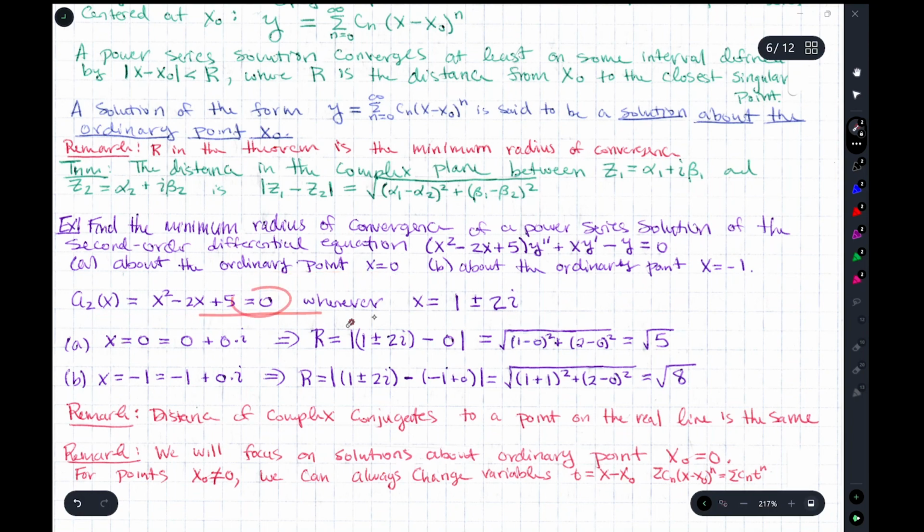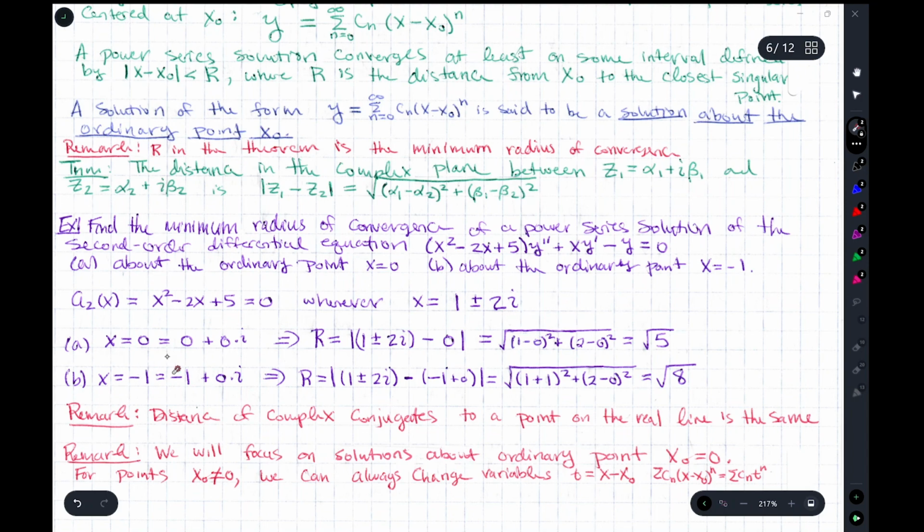A2 is 0 whenever x is equal to 1 plus or minus 2i, so you get complex conjugate roots for A2. And we know that when A2 equals 0, we get a singular point there. So here go our singular points, and x equals 0 is then an ordinary point.